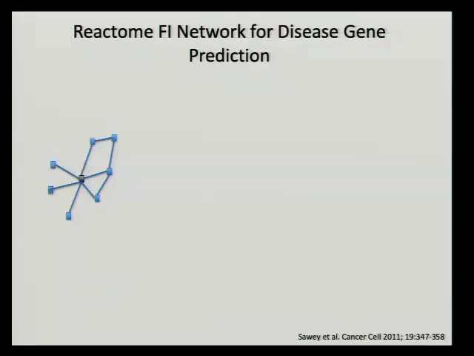We also use this FI network to do some disease gene discovery. To do that, for each gene, we calculate a so-called cancer gene ranking score, using a publicly available ranking score from Memorial Sloan Kettering, and assign scores to each gene based on their neighbors.